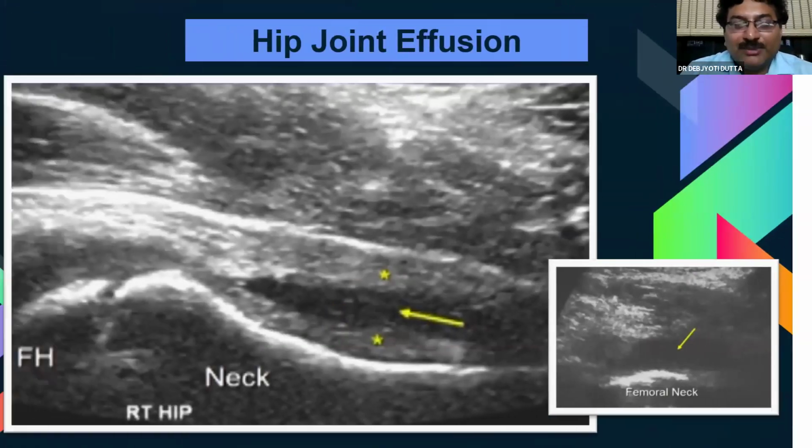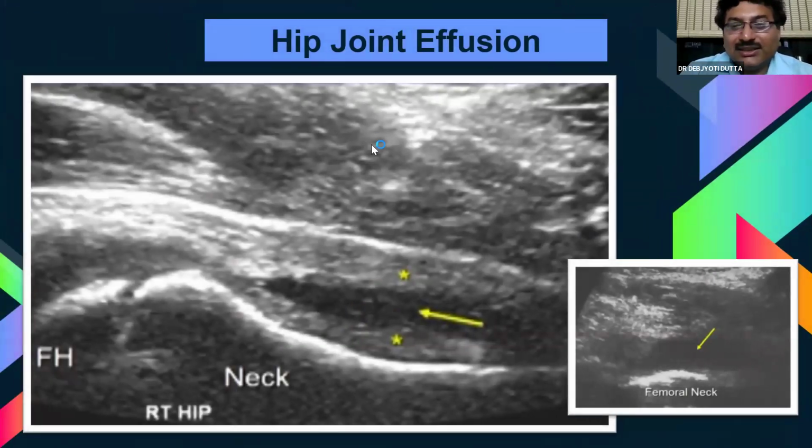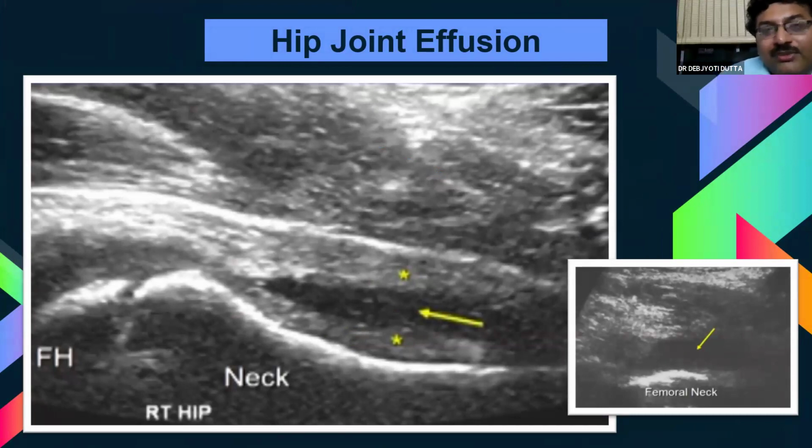If we go further medial, then sorry, before that, there is one slide of the joint effusion. I am just repeating what I have shown you previously, because in joint effusion, as I told you, there will be two foldings. This is one layer from above, this is the outer layer, and here will be the inner layer like this.